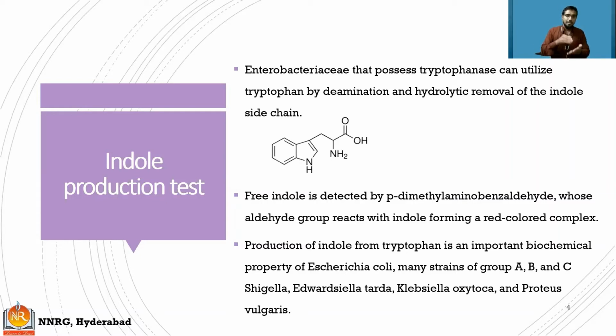This tryptophanase, every enzyme has specificity. When I say fructase, this fructase only consumes fructose sugar. If I say sucrase, it will consume only sucrose sugar. If I say hexokinase, it can consume all types of hexoses, it could be glucose, galactose, fructose, and all can be consumed.